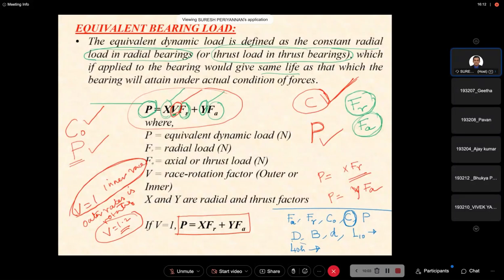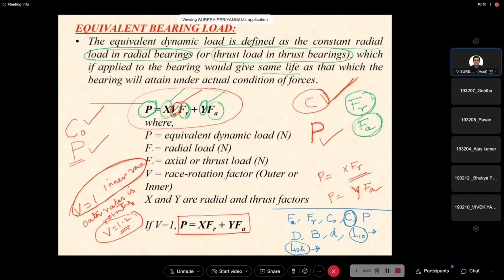So these three things we are going to discuss, and we are going to use all of these in the manufacturer table, because the manufacturer catalog uses all these values to define our bearing number finally.